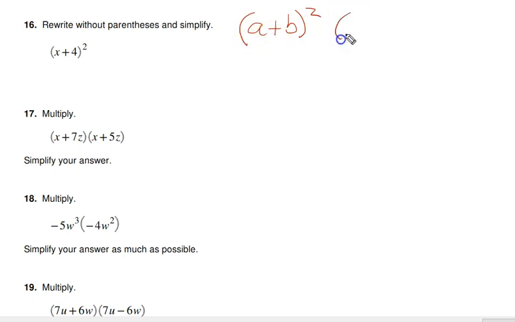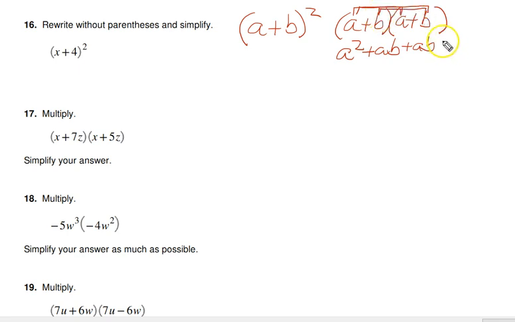It could be done by writing it twice, and then foiling. First gives us A squared. Outers give us a plus AB, inners a plus AB, and then last a plus B squared.